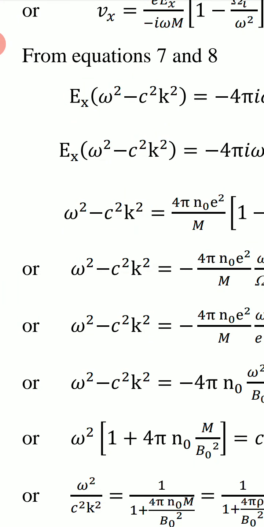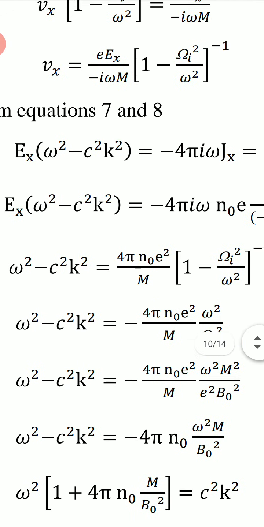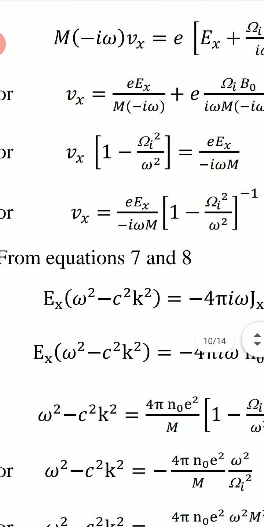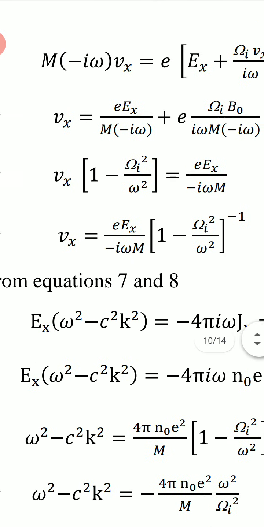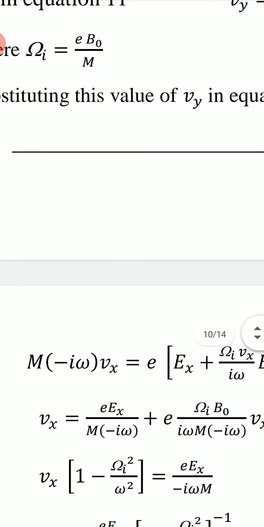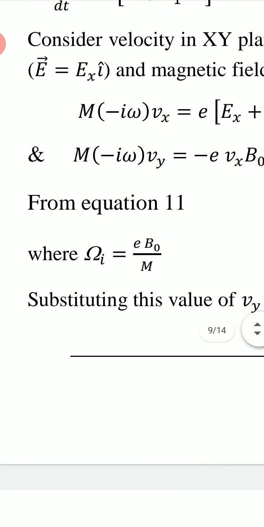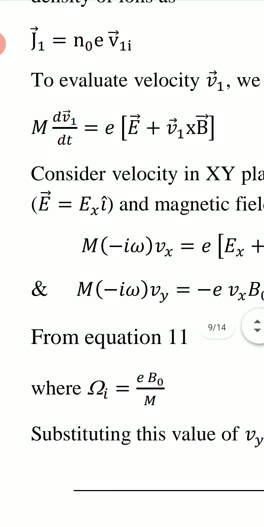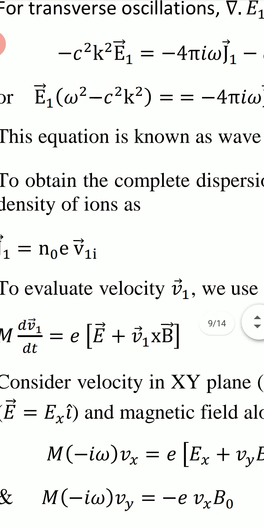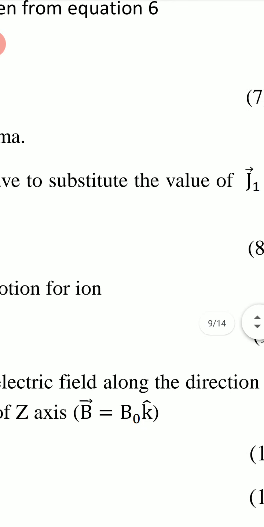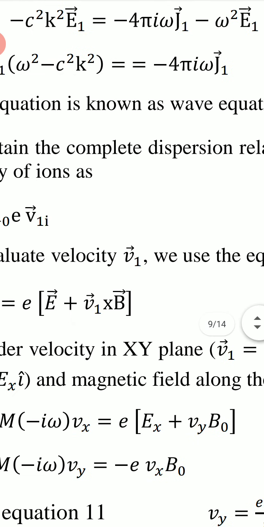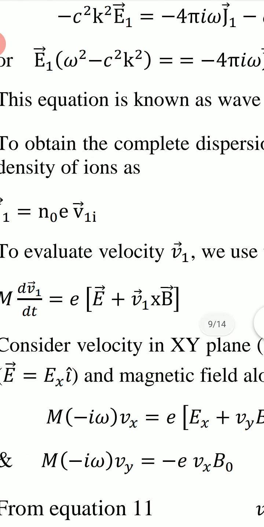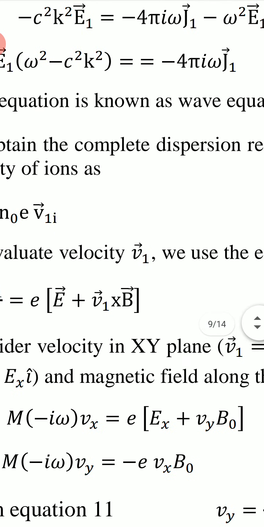These are not equations 7 and 8. Correct this. Ex into omega square minus c square k square is this equation. It is the equation 7. E1 vector into omega square minus c square k square equal to minus 4 pi i omega j1.